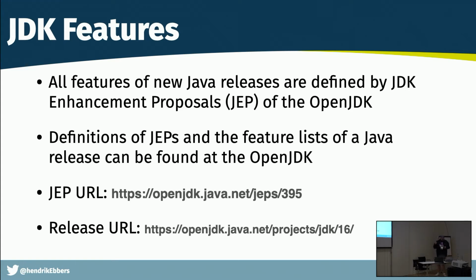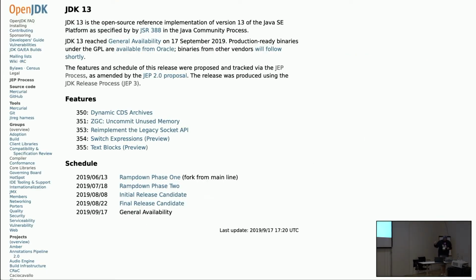And when you click on the URL of the Java 16 release, you will end up on a page like this. This is the release page of, so this is not Java 16, this is Java 13 in the screenshot. But here you see 2 interesting sections, the section features and the section schedule. The schedule section is defined by the release train of Java, so when the release will come out, when it will be available.